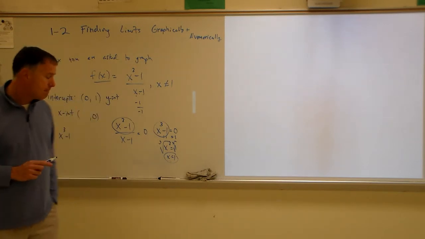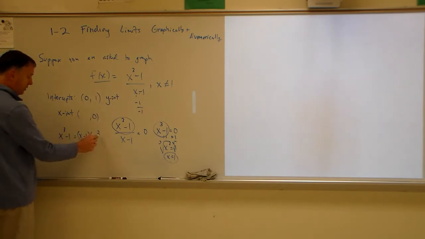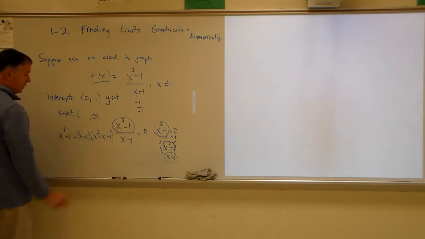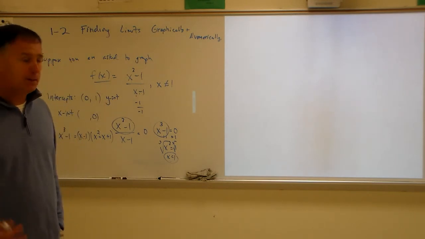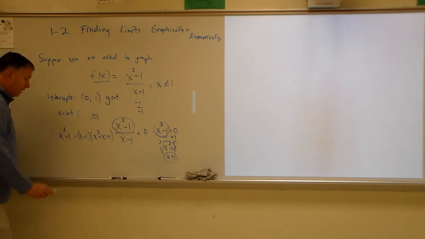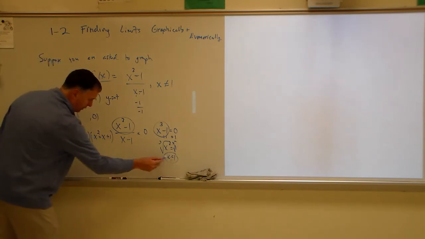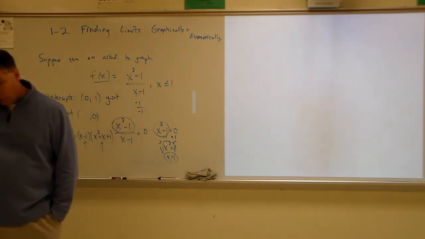These are both cubes, so the pattern is we take the cube root of my first term and the cube root of my second term, and then the opposite of this times this, plus that squared. If that is foreign to you, make sure you speak up in class, and I will explain it a little more. In any event, here's where that x equals 1 shows up. However, there are other roots at work there.